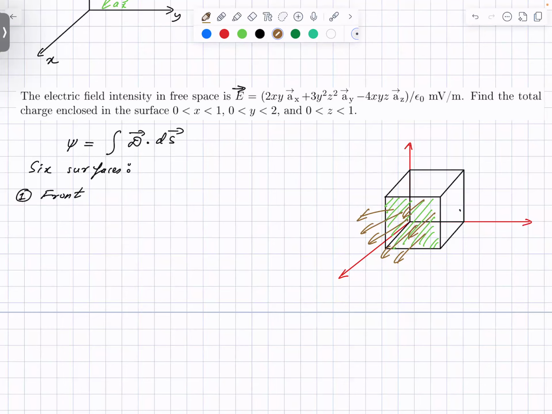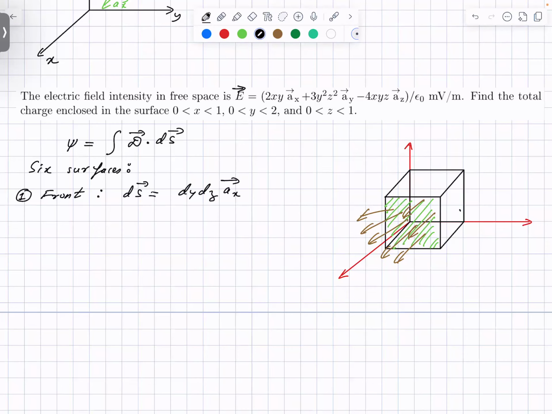We'll consider the first, front surface. For the front, we have to first figure out what the formula for dS is. In the front, x is fixed, y and z are changing. So the differential surface we need is the one that has dy dz, and it has a direction associated with it, and that is a_x.